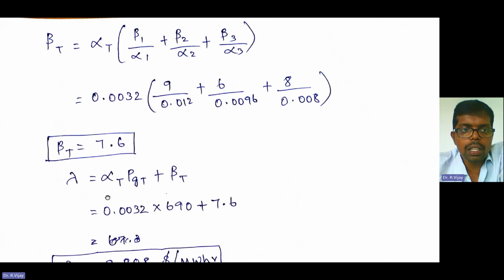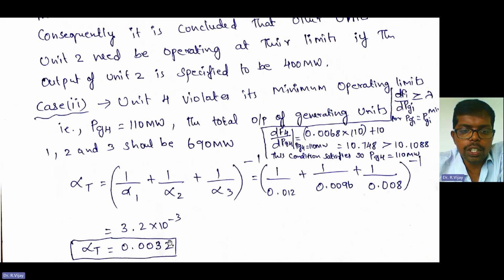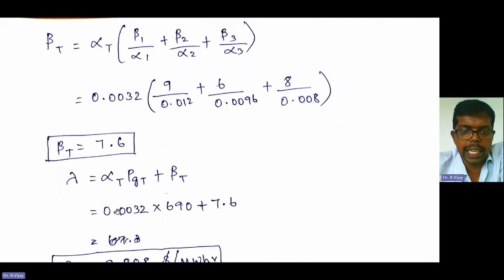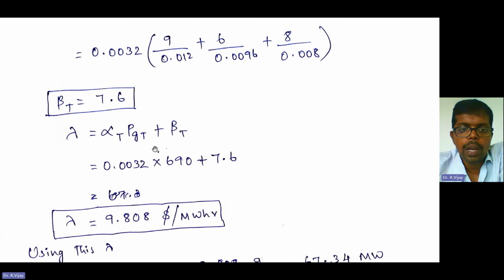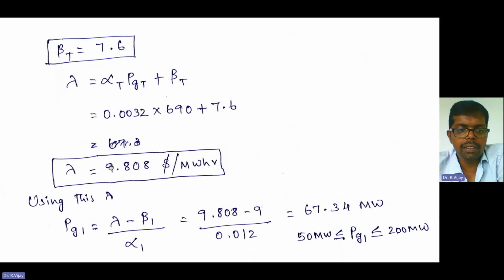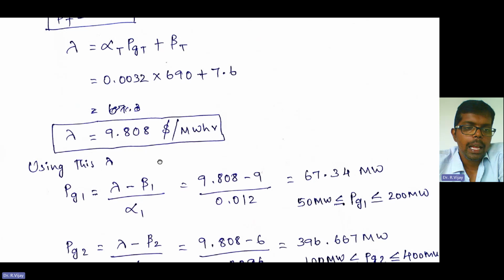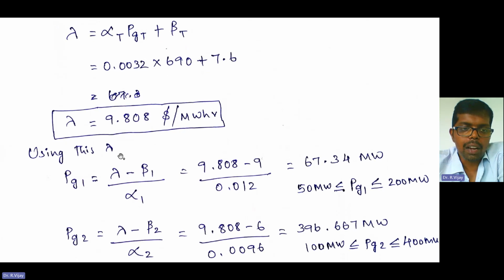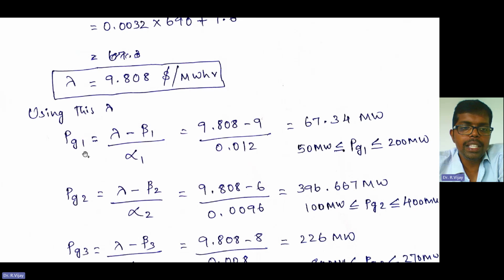Here alpha T we already calculated as 0.0032, and that we are substituting here, 0.0032 into 690. Beta T also we calculated as 7.6. Further simplification, we are getting lambda as $9.808 per megawatt hour.